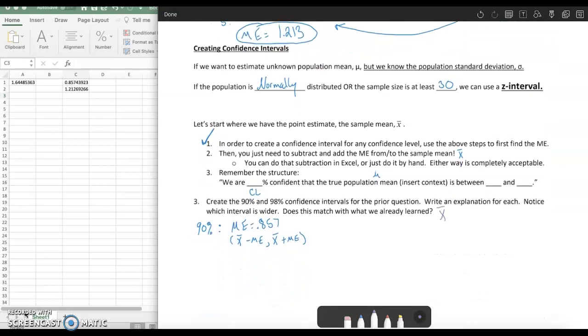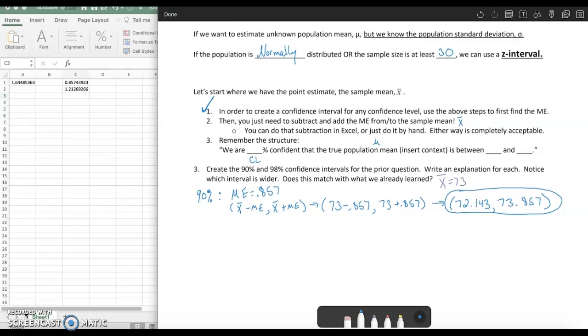So I'm going to remind myself over here that x bar is 73. So creating this interval, we're doing 73 minus 0.857 for the low limit and 73 plus 0.857 for the upper limit. And then doing those calculations quickly, we get 72.143, comma, 73.857. So there's my confidence interval.